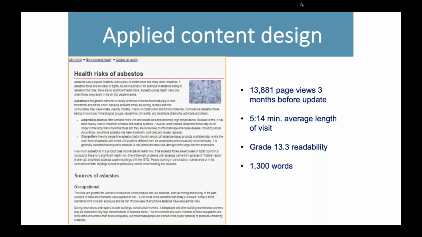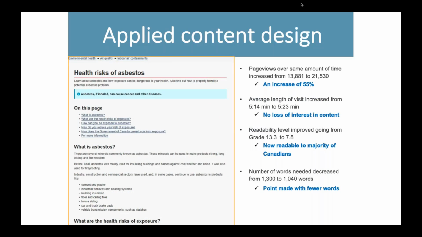I mean, 5 minutes to try to figure out how to do something here was quite challenging. We measured the readability at grade 13, and there's quite a few words. We use some design techniques that we have documented in the Canada.ca style guide to improve how this page is laid out. And if you go to the next slide, you'll see how that looks.